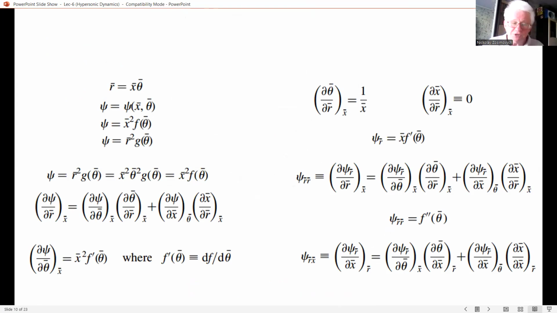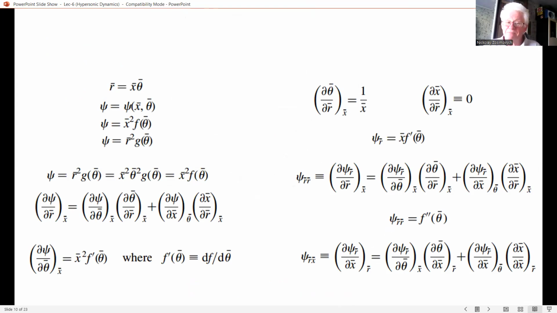Recall that for two-dimensional flow, the difference in psi between two streamlines is equal to the mass flow between these streamlines.